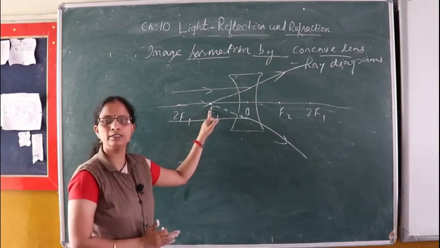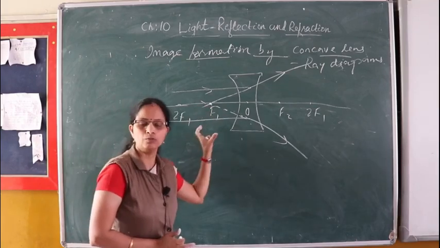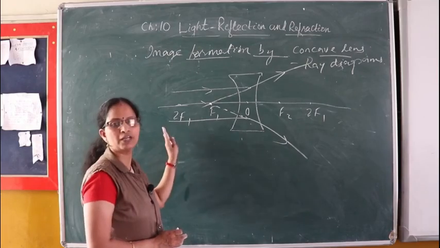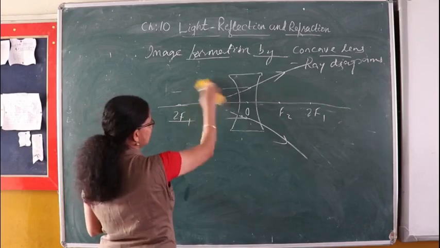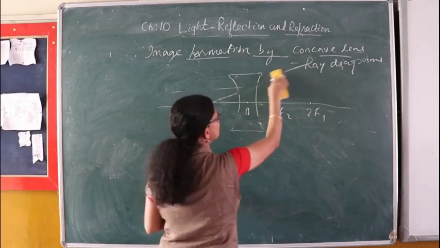So the image formed is a virtual and erect image, and the size is very small, point-sized, formed on the same side of the object.